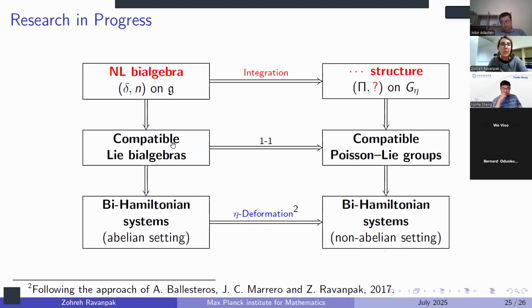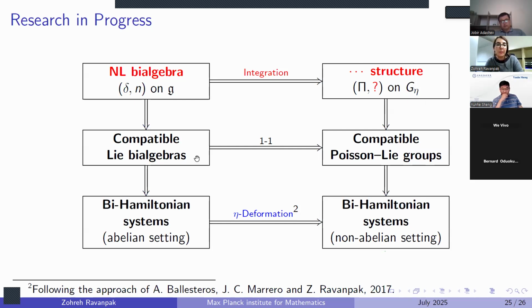So how? We integrate the Lie algebra G to a Lie group, and then under this deformation, which is the eta deformation, please don't mix it with the deformation during the talk. It is another story. Eta is the deformation parameter, meaning that when eta goes to 0, we get the abelian setting. And then we construct here on the right-hand side a bi-Hamiltonian system on this Lie group.